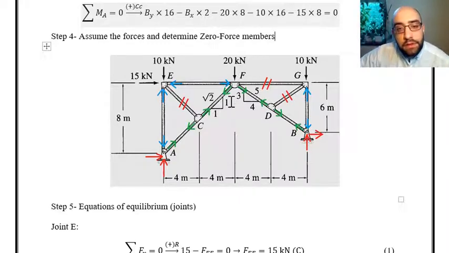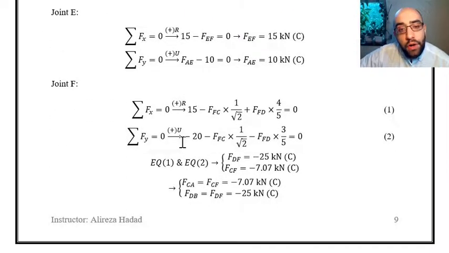I'll consider negative sign for these two forces because as you can see the vertical component of these forces are downward. So minus 20 minus the vertical component of FFC and the vertical component of FFD equal to 0. As you can see now I have two equations and two unknowns.